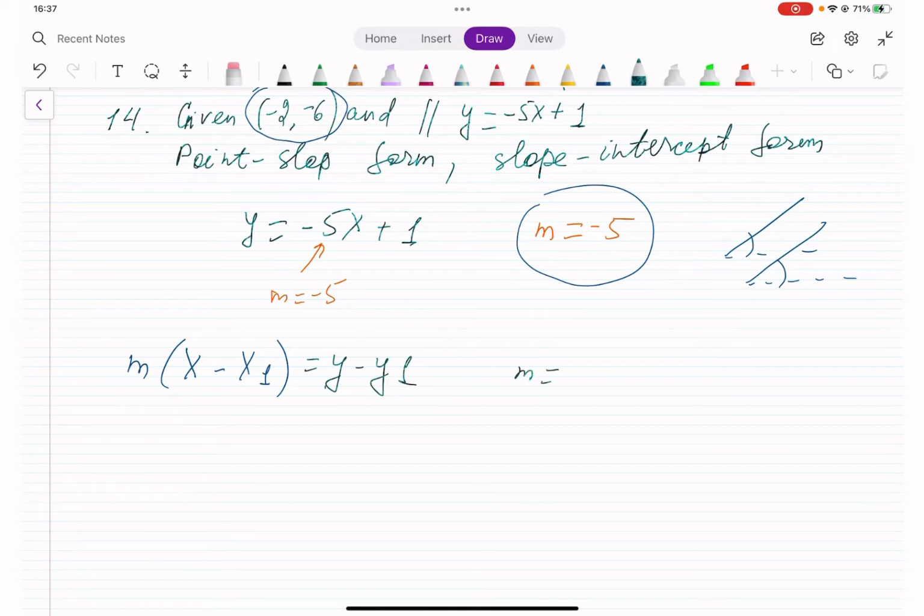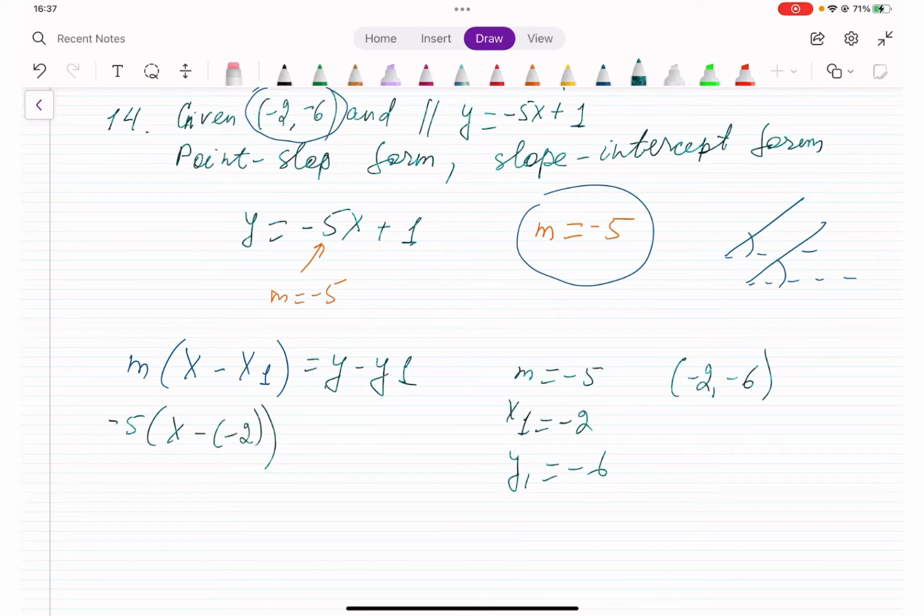Our m is equal -5, x1 is equal -2, this is from -2, -6, and y1 is equal -6. So from here, we are going to have -5 times x minus -2 equal y minus -6.